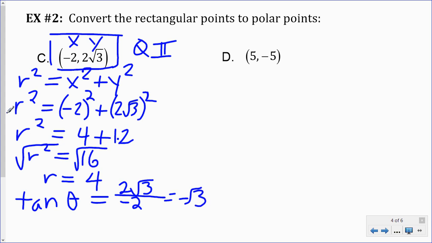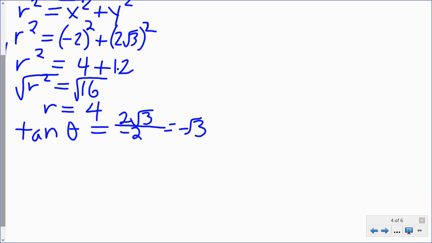Well then, if I use my inverse trig function, I can solve for theta. So we know that inverse tangent of negative square root of 3 would equal theta. Well, because this point is in quadrant 2, you want to think in quadrant 2.